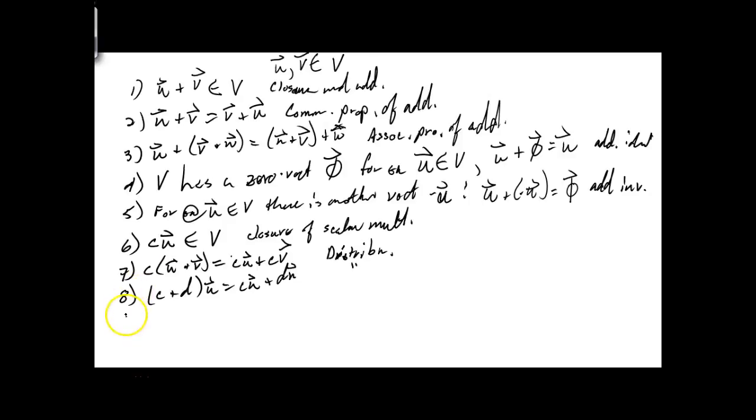Number 9. This is sort of an associative property: C times DU is equal to CD times U. Sort of an associative property of multiplication.